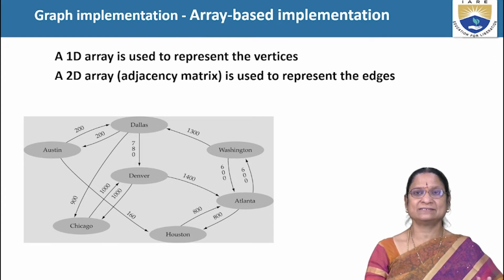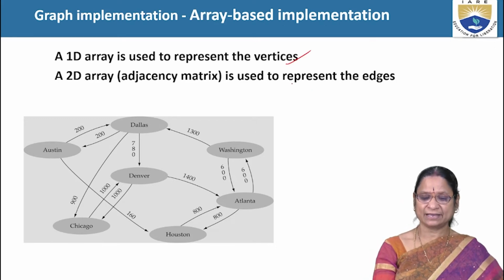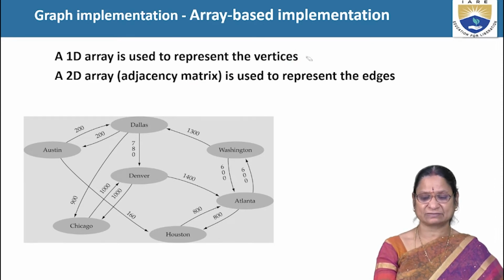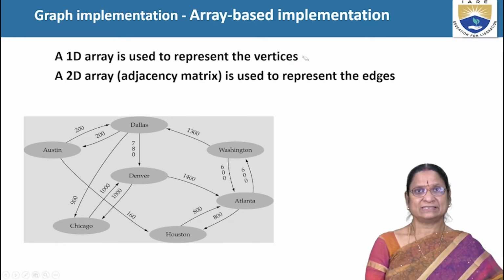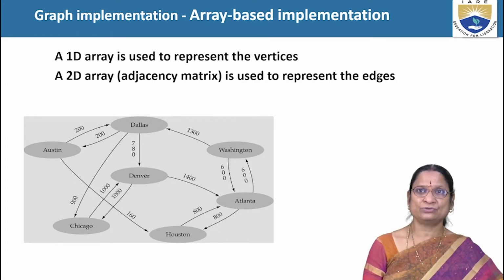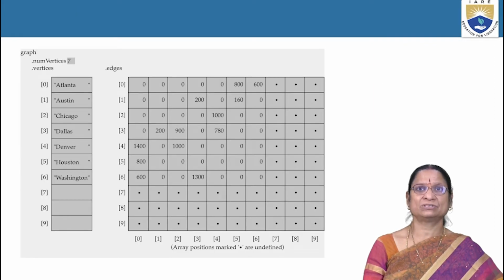Both are possible. Adjacency list representation is also considered. So coming to the array-based implementation, a one-dimensional array is used to represent all vertices. So for vertices, one array, and a two-dimensional array is used to represent the edges. So we will call it the adjacency matrix. So two arrays are used, one one-dimensional array and one two-dimensional array.